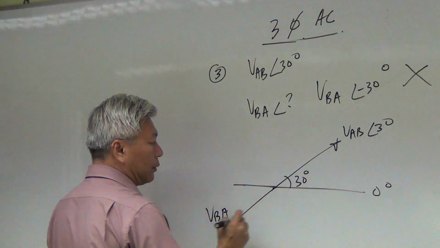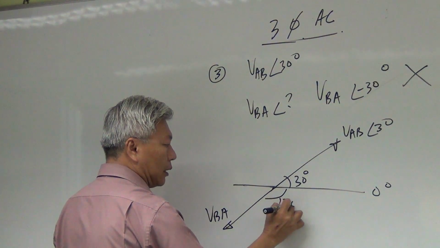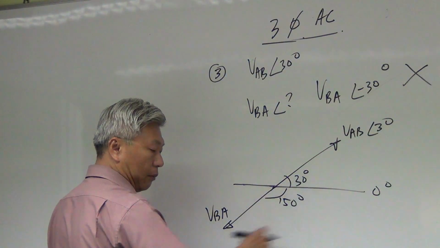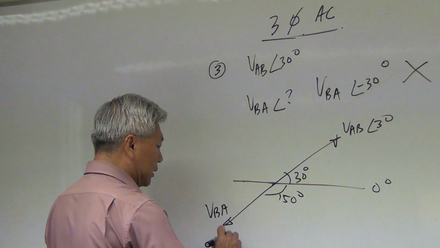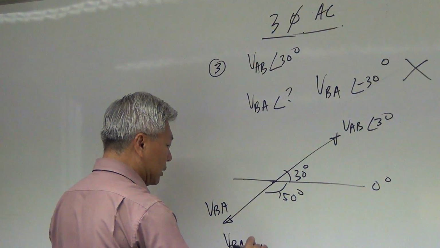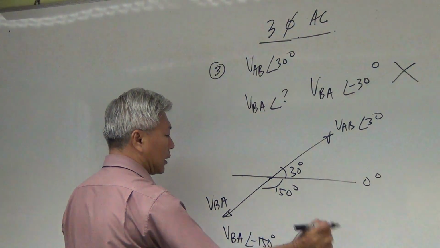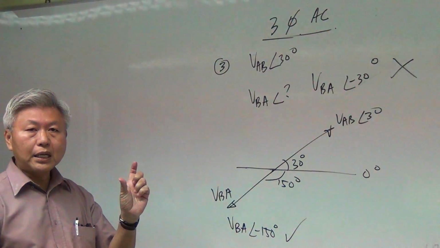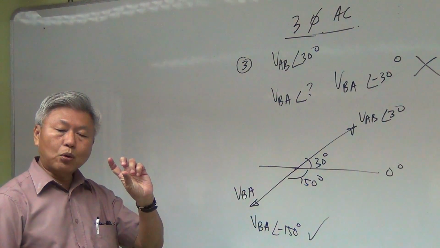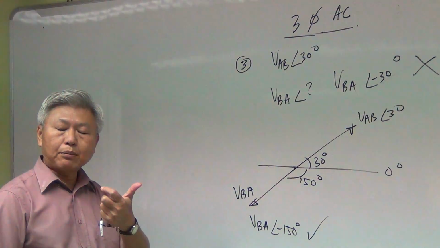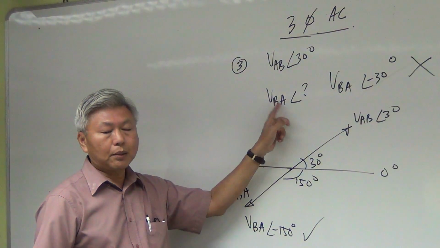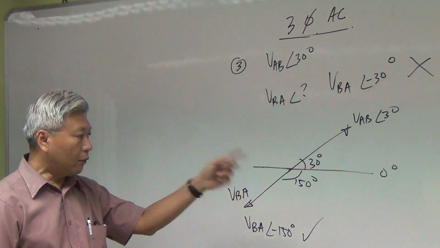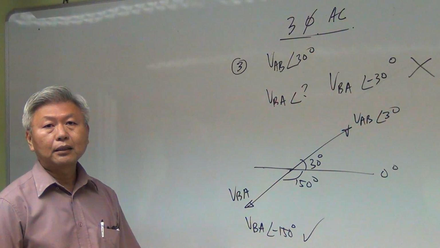So what is the angle of VBA? Here is 150, right? But this 150 is below 0 degree. So the angle of VBA is minus 150 degree. That's the correct answer. So when you are given one phasor and then the subscript switches, you have to draw a straight line to get the answer.